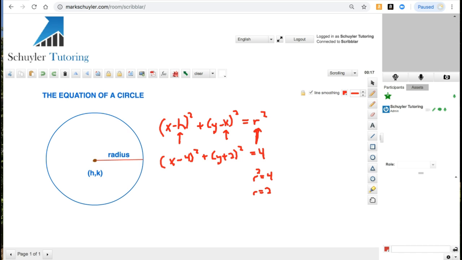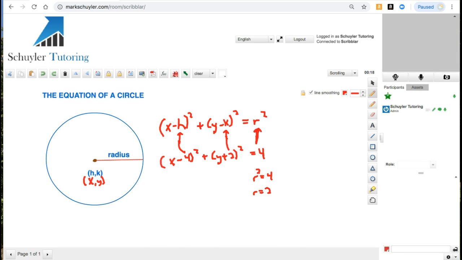Here's another thing. When you take the number that's in the h spot of the equation and the number that's in the k spot, you have to put them together because, as you see in my diagram of a circle, the h is like the x-coordinate of the center of the circle, and the k is like the y-coordinate of the center.